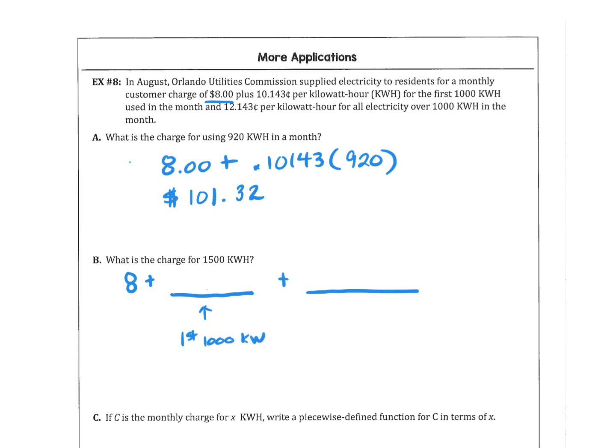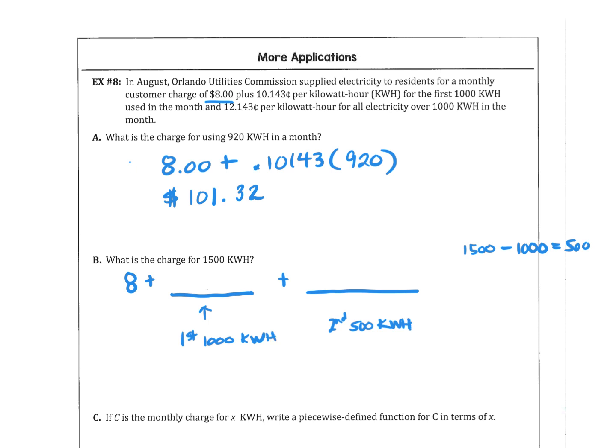And then, how many kilowatt hours do we have above that? 1,500 minus what? So how many kilowatt hours are above 1,000? 500, right? So this is for the second 500 kilowatt hours, isn't it?